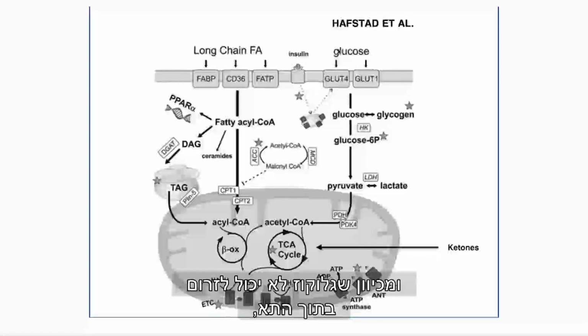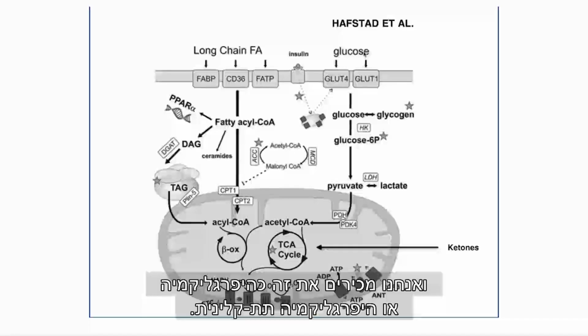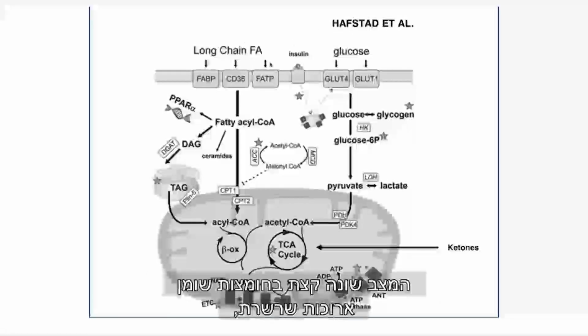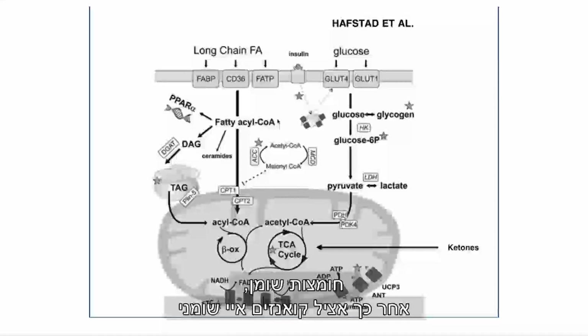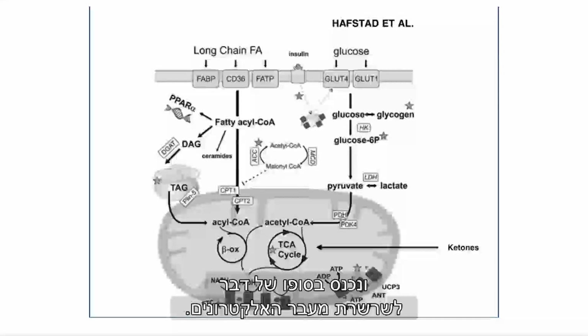And then because glucose cannot flow inside the cell, it accumulates outside the cell, and we know this as hyperglycemia or subclinical hyperglycemia. Slightly different, a long-chain fatty acid becomes fatty acyl coenzyme A, and eventually acyl coenzyme A goes through beta oxidation and then enters the electron transport chain.